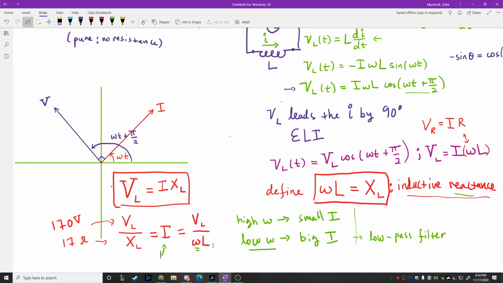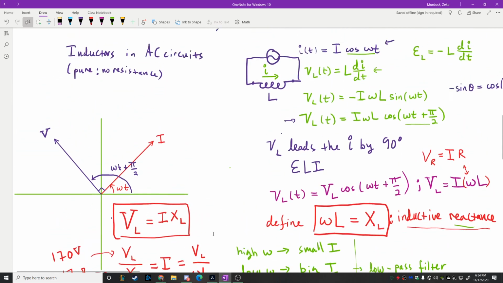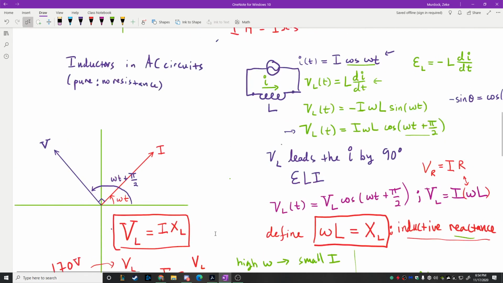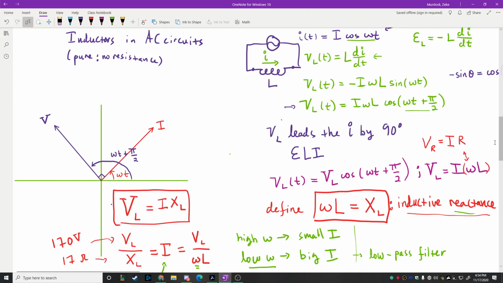I don't know. But anyway, the main point here is that we've talked about inductors in the past, and we learned all about how they have this effect of creating a back EMF. They smooth out fluctuations in current, all those kind of things.